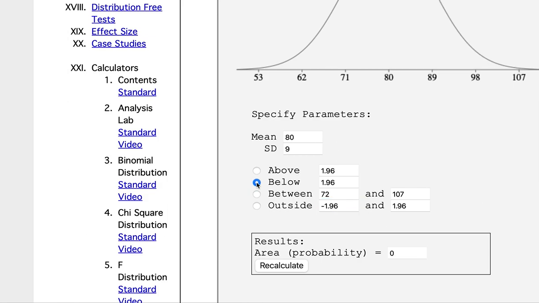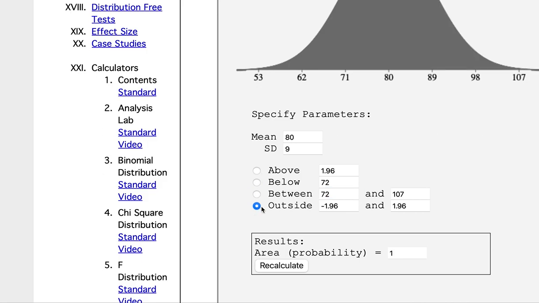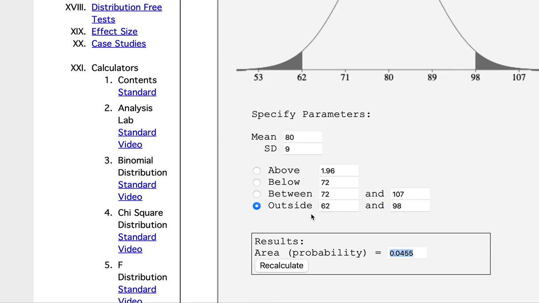You can also use this to find anything below a particular range, so how many people are below 72, and that's about 18%. You can do the same thing above. Or maybe you want to know the extremes, how many people are outside of 62 and 98. The probability is about 4.5%.